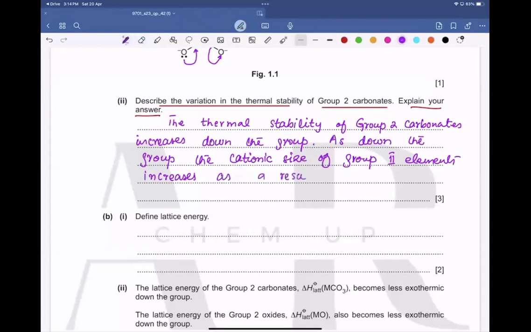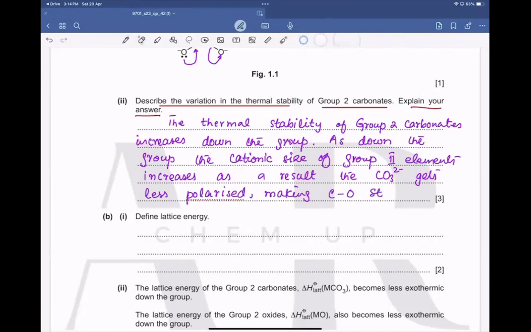As a result, the carbonate ion gets less polarized, making the carbon-oxygen bond stronger.